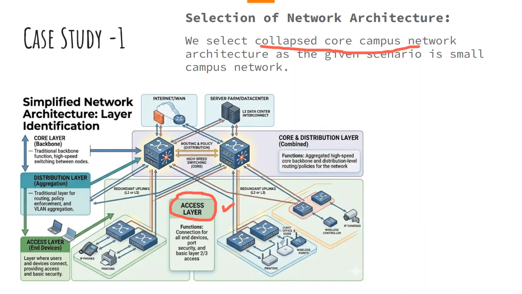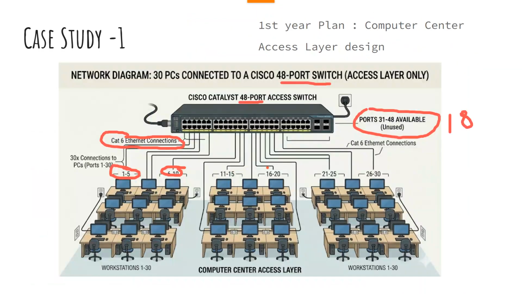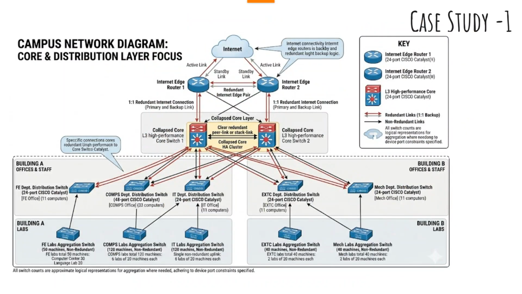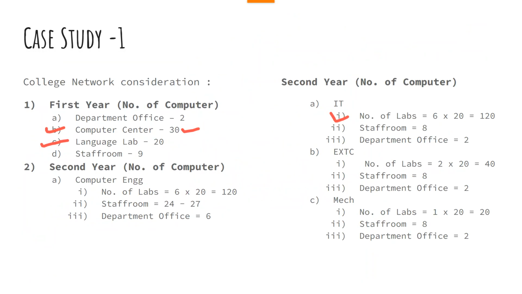Okay. So why collapsed core here? One of the reasons is because you want to keep the cost less. And you're going to design the entire core and distribution architecture together. Now let's come to the distribution architecture, but before that we'll have to just visit this.